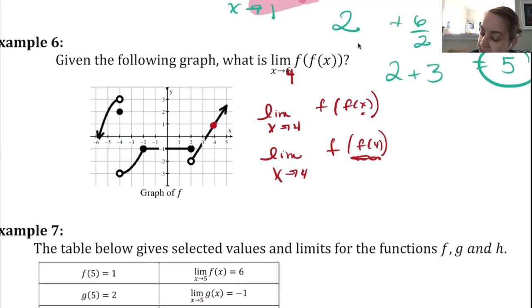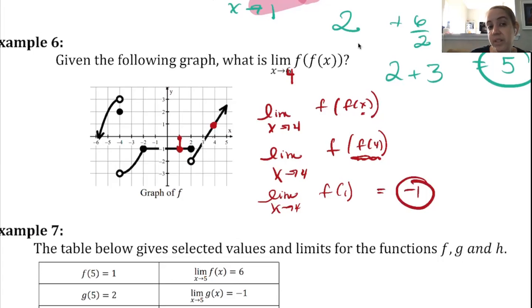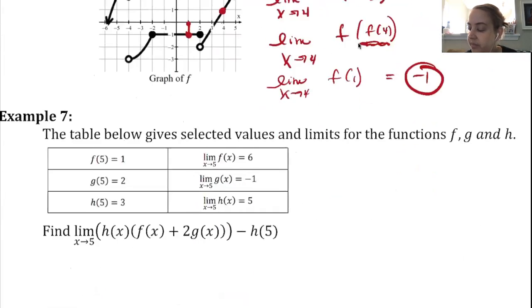So this inside gets replaced with a 1. So we've got the limit as x approaches 4, now this becomes f of 1. So when I look at the graph this time, over here is 1, down to the curve where it connects, the result is -1. So you can get those values from a table that's given to you. You can get them from a graph.